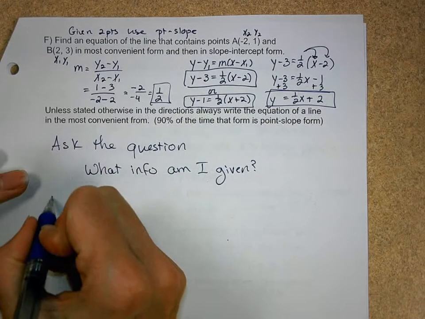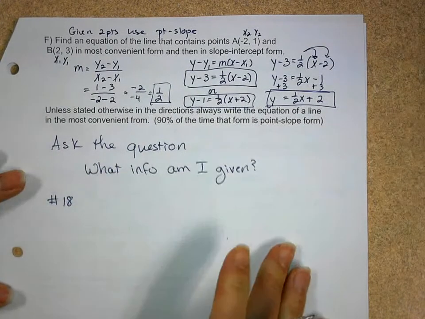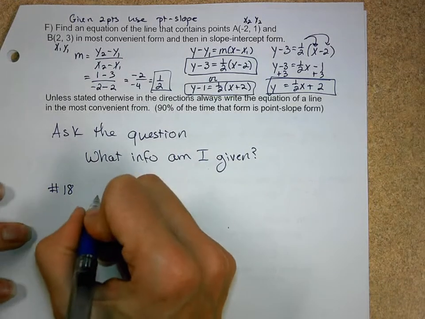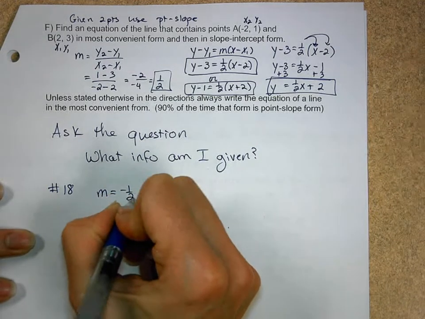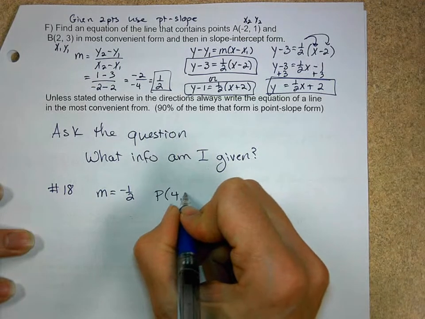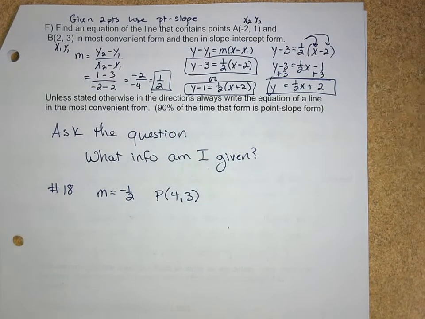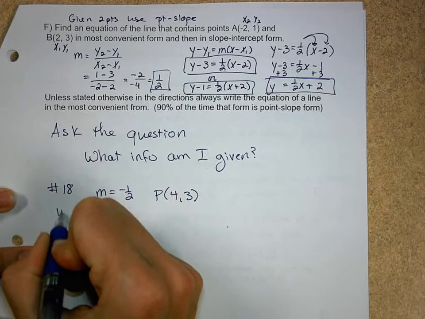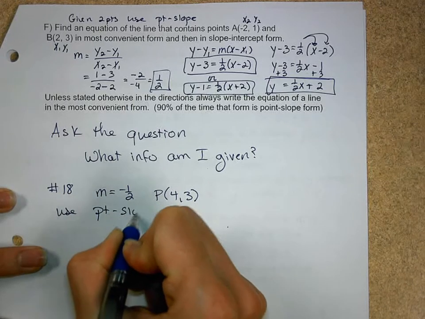Okay, first one, number 18. You're supposed to write an equation of a line, and you're given the slope of negative 1/2, and you're given a point, in this case 4, 3. So what do you have? You have a slope and a point. So which form are you going to use? You're going to use point-slope.